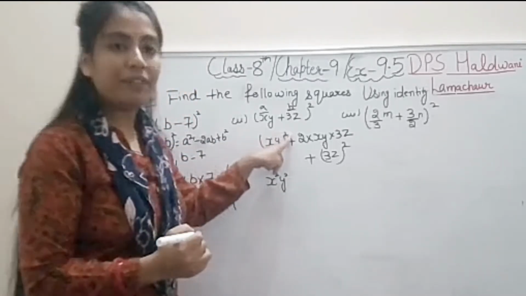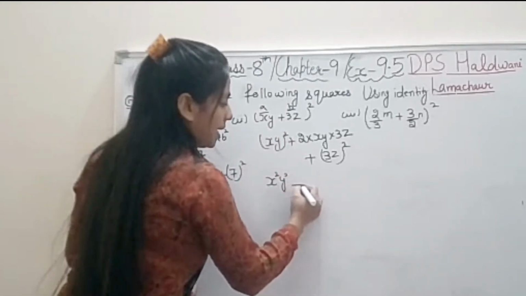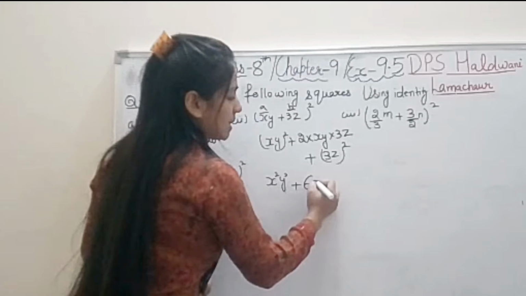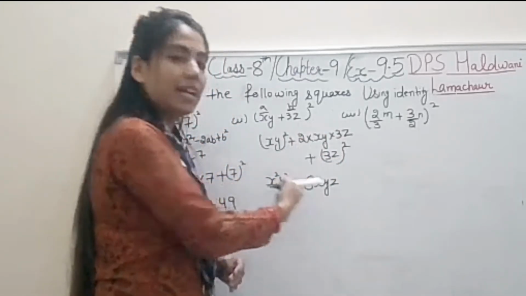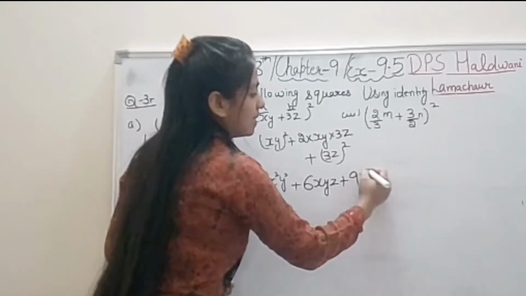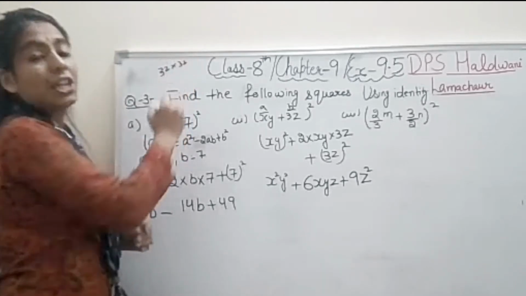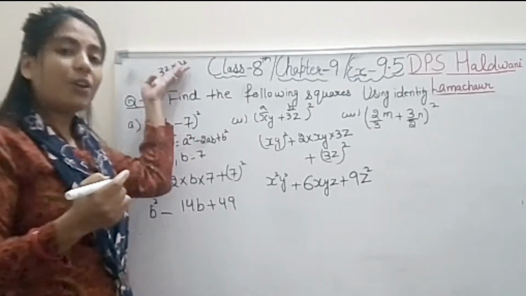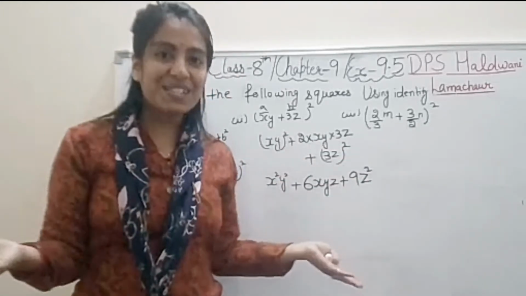So x will multiply with 2 and y will also multiply with 2. So x square y square plus 3 2s are 6xyz, constant multiplied with constant, variable with variable, plus 3 3s are 9z square, because 3z into 3z. You can split also or you can directly multiply. Totally up to you.